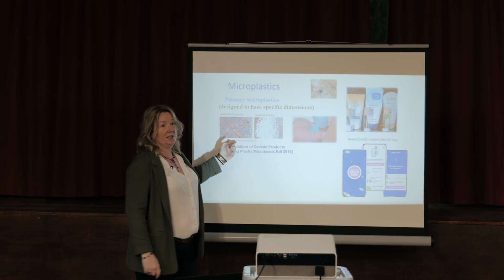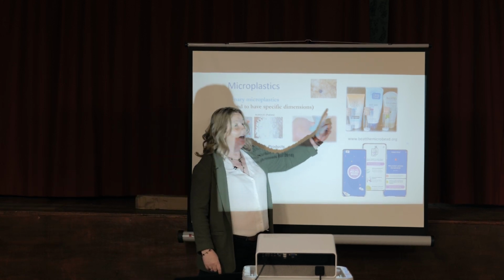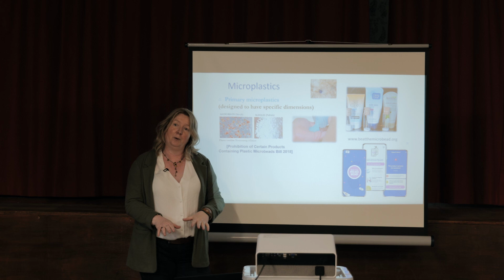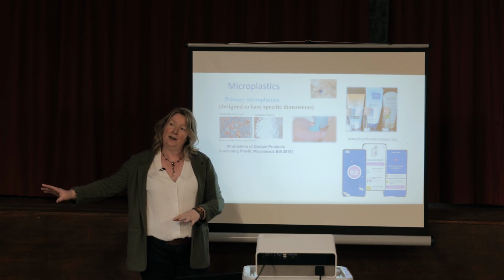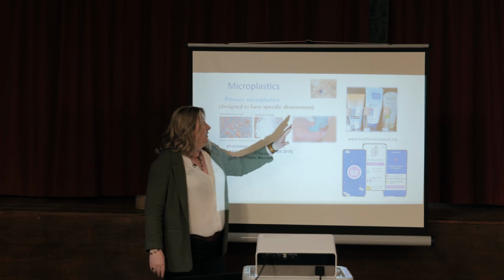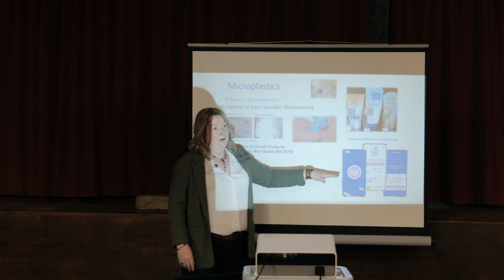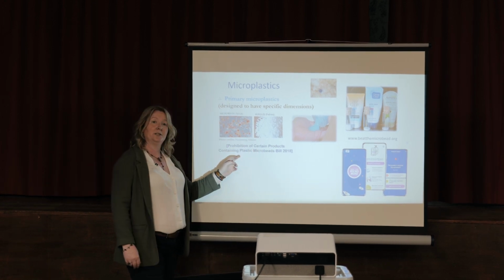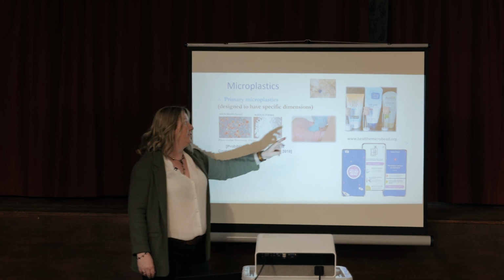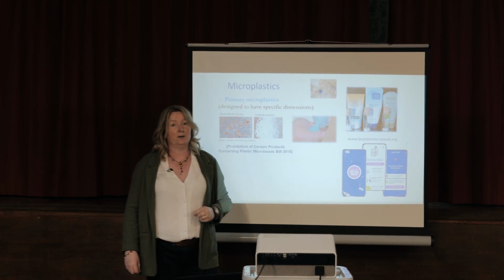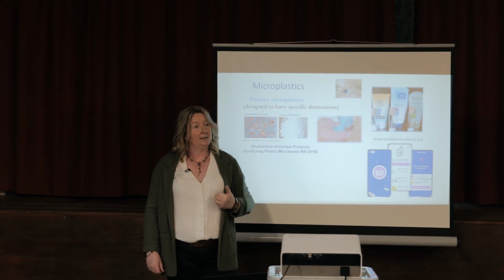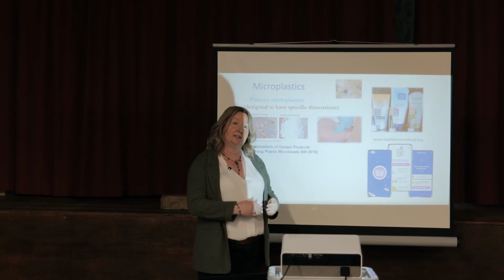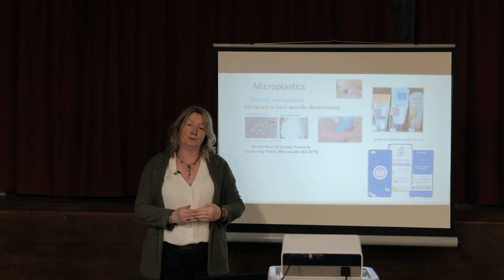The issue was they were designed in plastic to put them into these, and of course when you apply these, they're going to be washed down the sink and into our water systems. So this movement put pressure on our policymakers and moved towards introducing the legislation here and across Europe. So now it's rare enough to find any cosmetic products that will have microplastics in them. They've been given a timeline that they have to get rid of them.